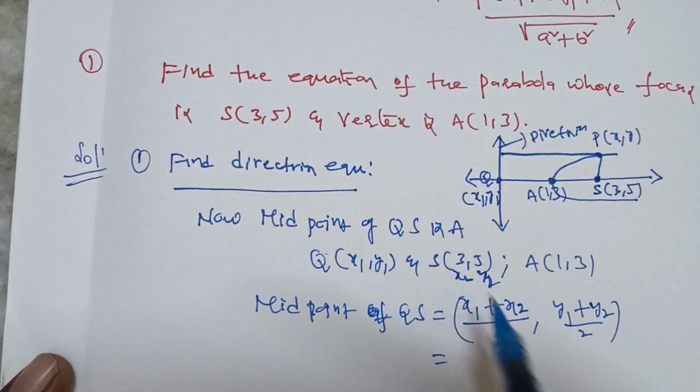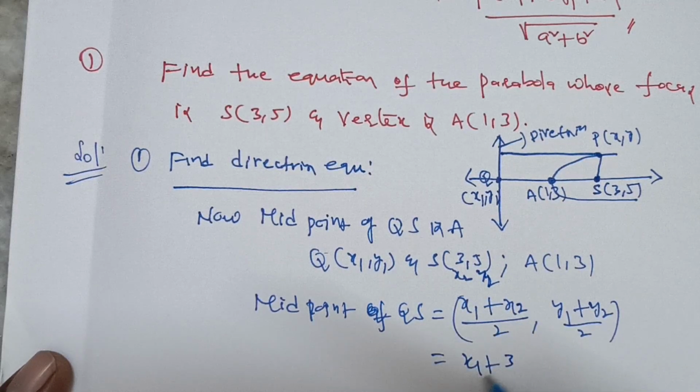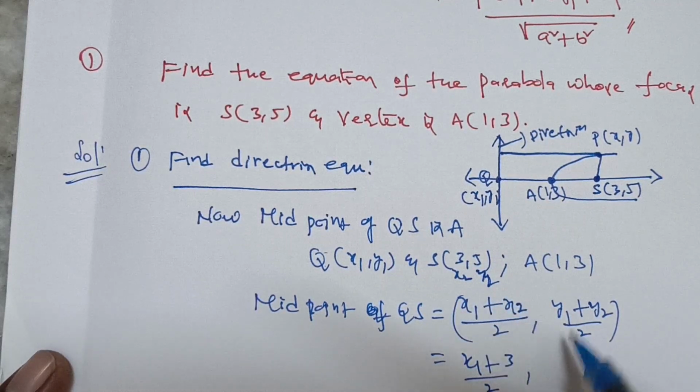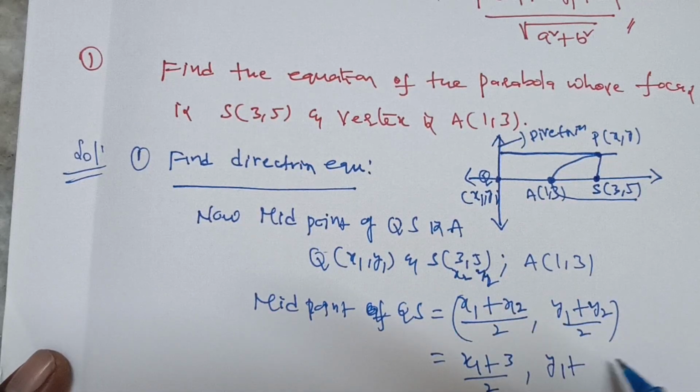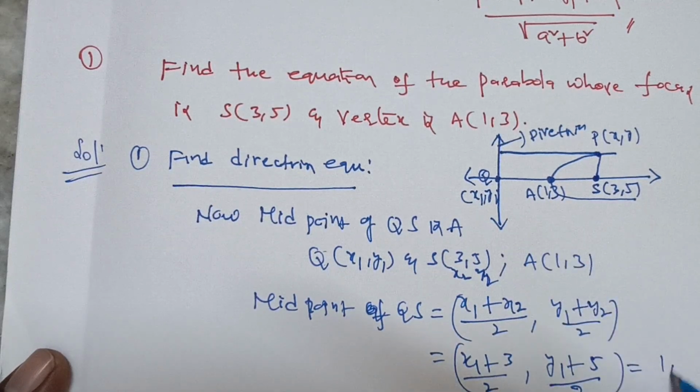So substitute these values here: ((x1 plus 3) by 2, (y1 plus 5) by 2), which equals the midpoint (1, 3).